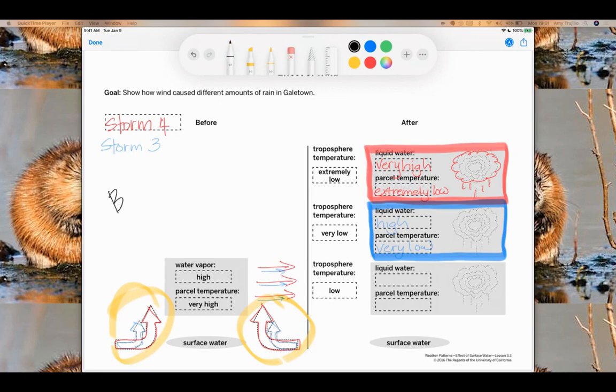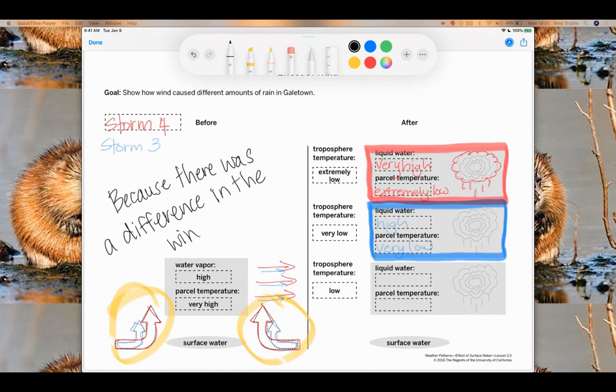Because there was a difference in the wind, there was a difference in storm severity, right? So that wind was able to push that air parcel higher, and as a result, that water vapor was able to condense a whole lot more. As it condenses more, it puts more rain in.